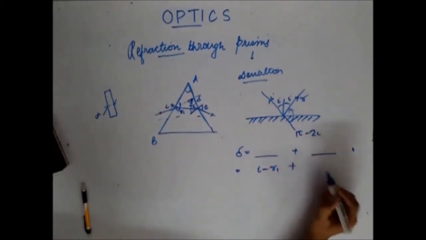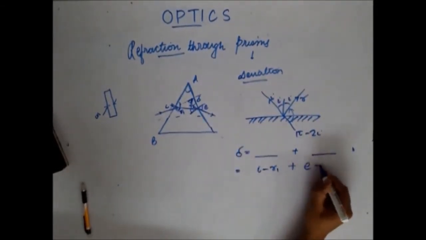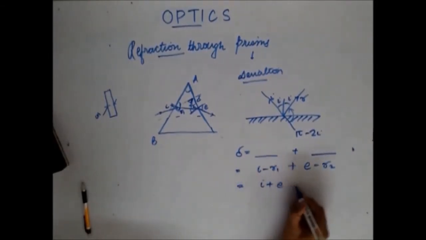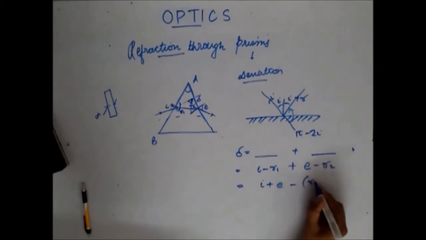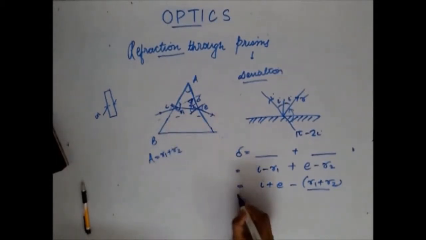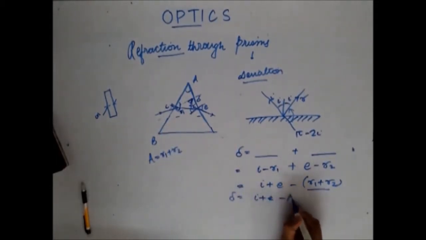Similarly, in this case, angle E will be larger than angle R2 because angle E is in the rarer medium. So I'll write this as E minus R2. Now this I can write as I plus E minus R1 plus R2. And what is R1 plus R2? We know that the angle of prism is equal to R1 plus R2. So I can write the deviation as I plus E minus A.